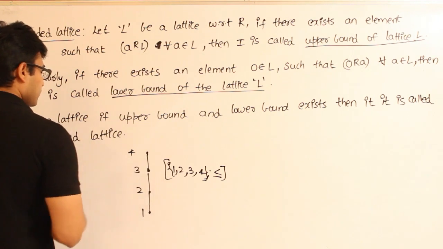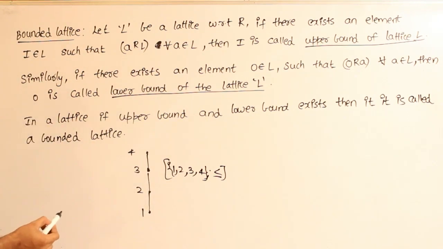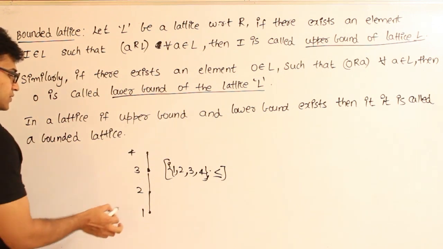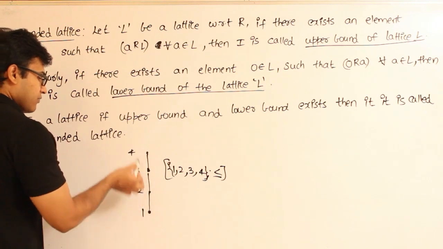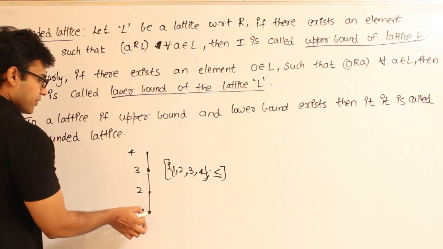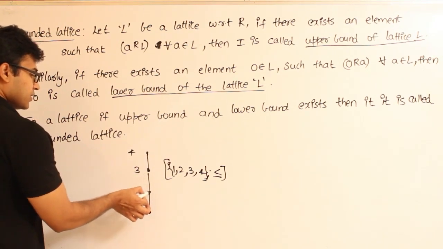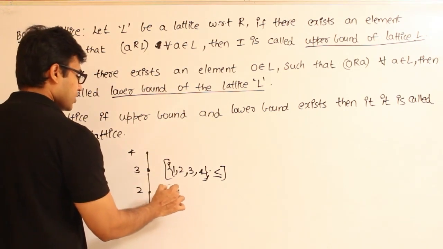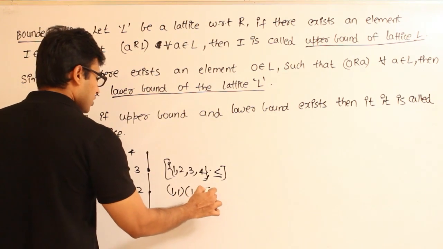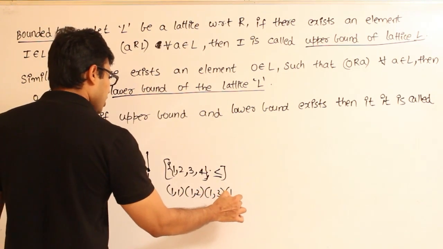Now in this one, if you see, there is one element which is related to all the other elements. Sorry, 1. 1 is related to 1, 2, 3, 4, which means we have 1 comma 1, 1 comma 2, 1 comma 3, 1 comma 4.